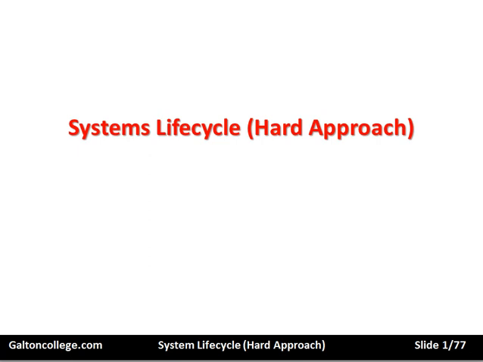So it sets out various steps, and each step is completed, and then the project moves to the next step. So there is a flow of activities, one following the next, and because each one must be completed before the next one is started, it's called a hard approach. It's a programmed approach to the development of projects, or to the development of systems.